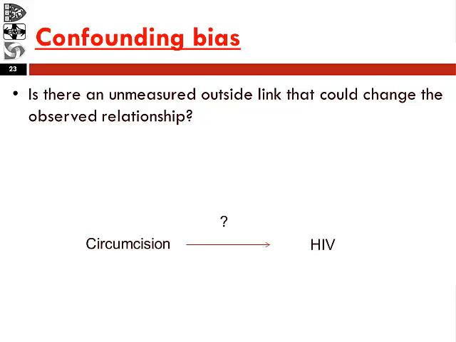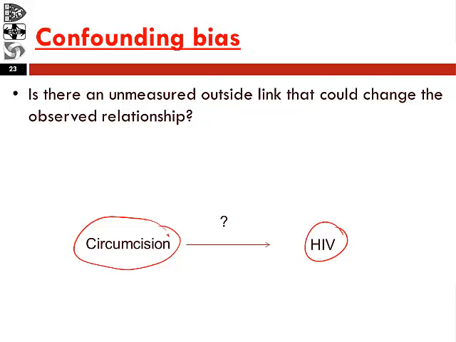Let's say I want to look at the relationship between two things. So last week we talked about the relationship between circumcision and HIV. Okay, and I want to know, are people who are circumcised more or less likely to have HIV? The problem is, it is not so simple, right?